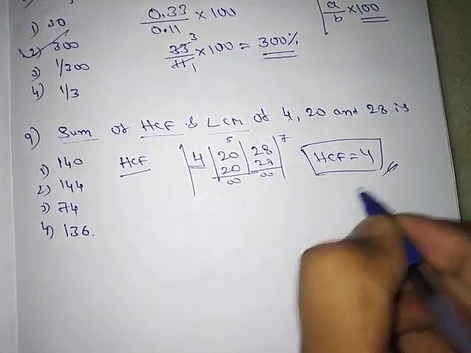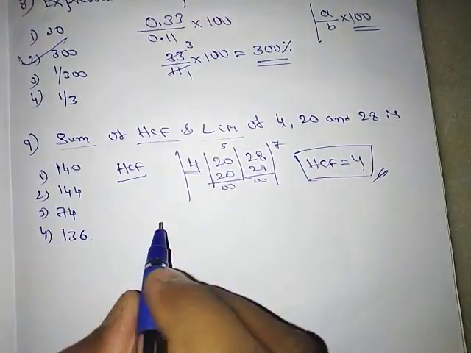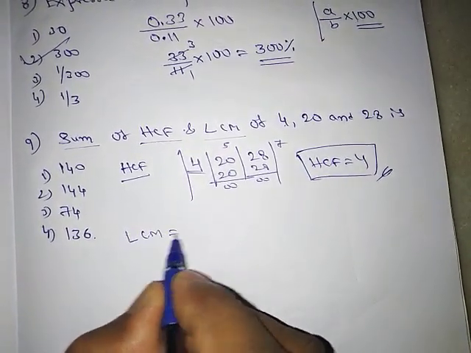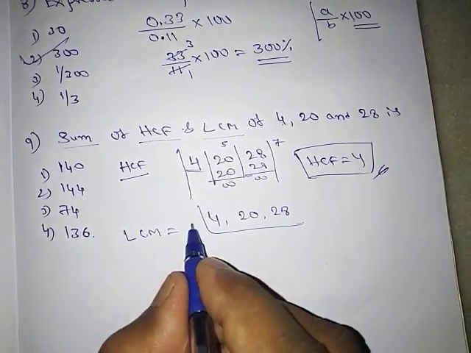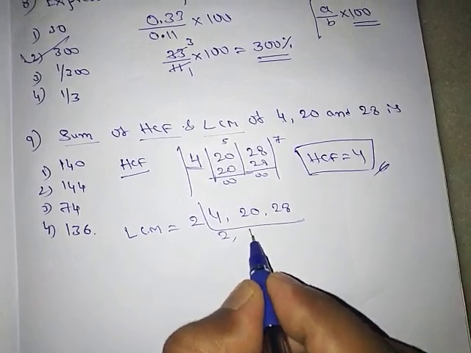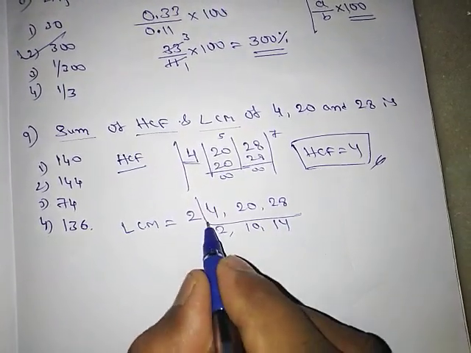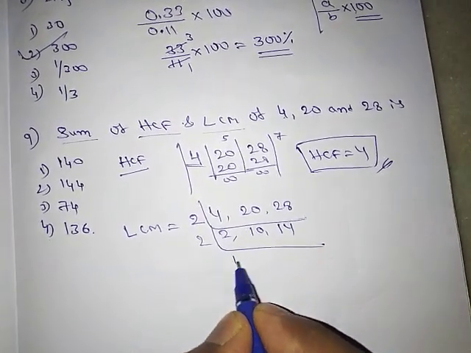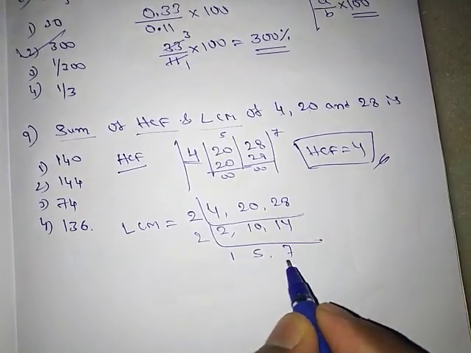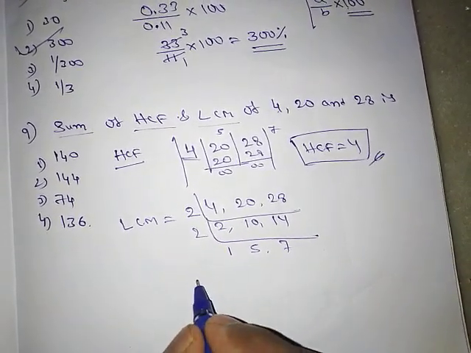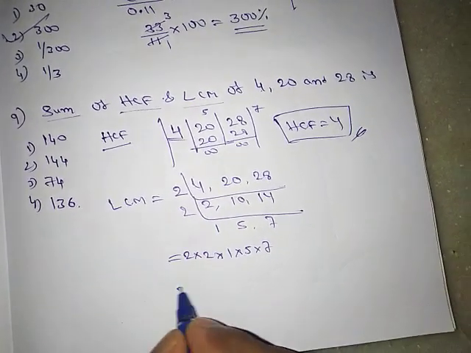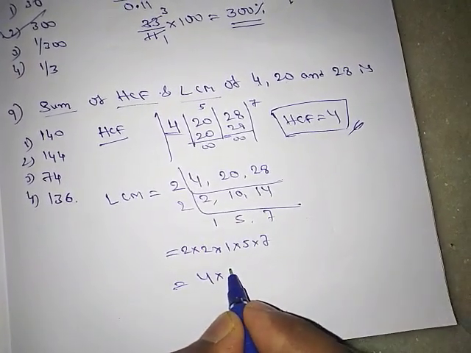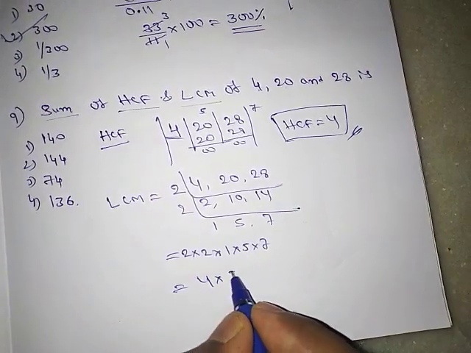Very easy. Then go to the next one, that is LCM, of 4, 20, 28. So that is 2: 2 2s are 4, 2 10s are 20, 2 14s are 28. Again 2: 2 1s are 2, 2 5s are 10, 2 7s are 14, right? So multiply all these: 2 multiplied by 2, 1 into 5 into 7. 2 2s are 4, 5 1s are 5 and 7 5s are 35.